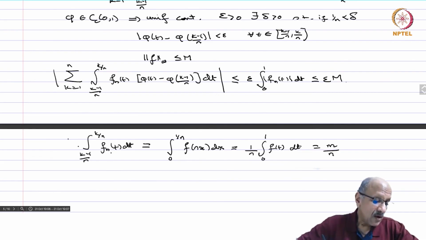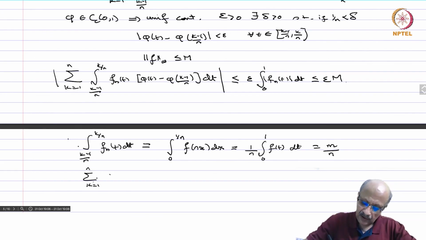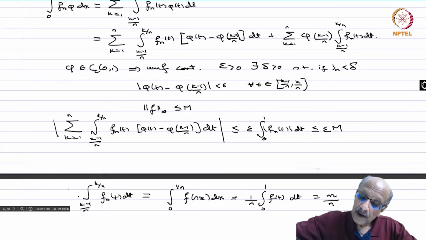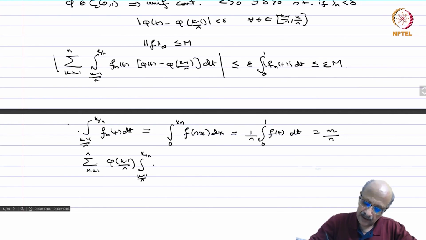So this is for every k, and therefore you get the second term. What is the second term? The sum over k equals 1 to n of phi((k-1)/n) times the integral from (k-1)/n to k/n of f_n(t) dt.